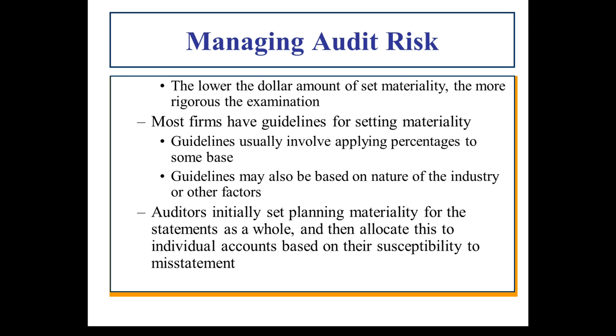Am I making sense what I'm trying to say there? So if I'm narrowing my search on materiality, as a result, the audit is going to have to be more extensive.